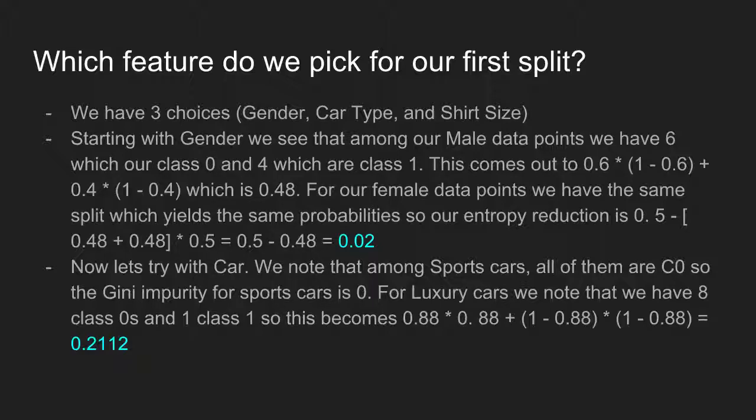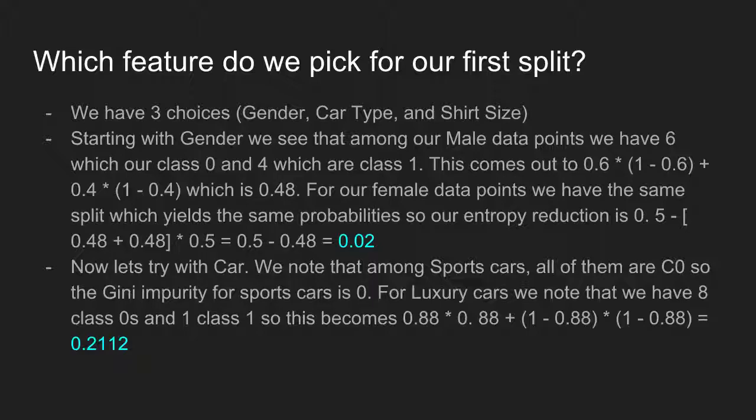So we have 0.6 times 1 minus 0.6 plus 0.4 times 1 minus 0.4, and that's equal to 0.48.